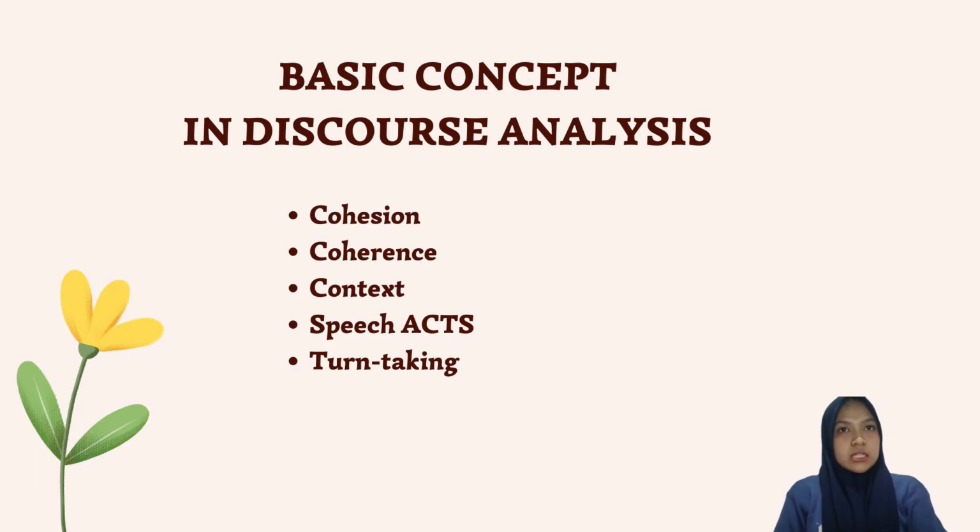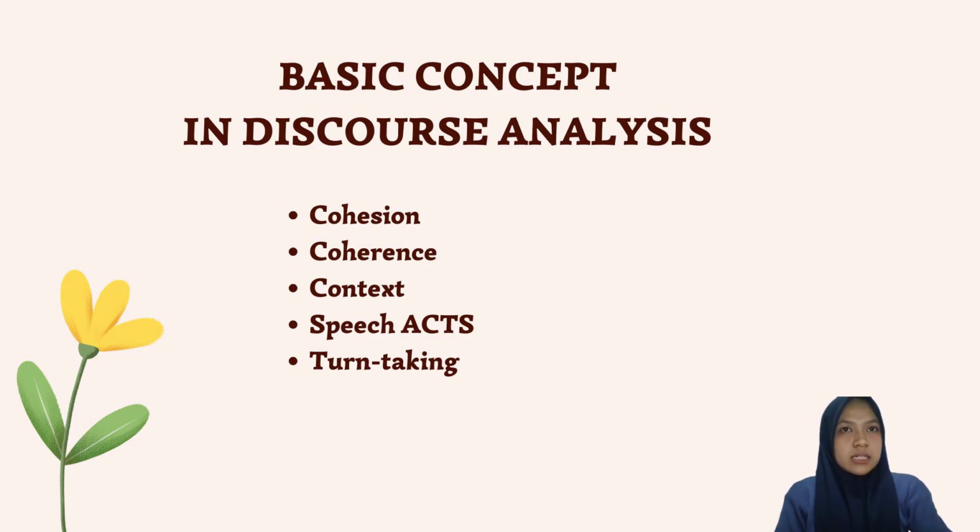First is cohesion. Cohesion refers to the grammatical and surface connection between sentences in a text. It works like a structural glue that holds the text together. Cohesion includes elements such as reference, substitution, ellipsis, conjunction, and lexical cohesion.